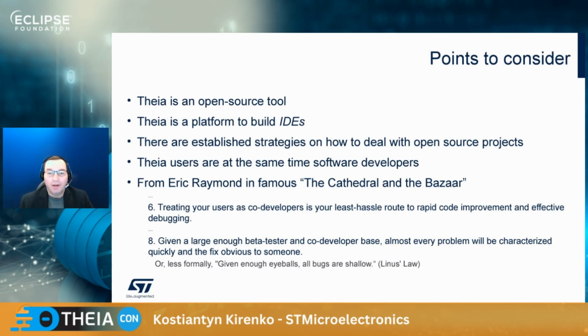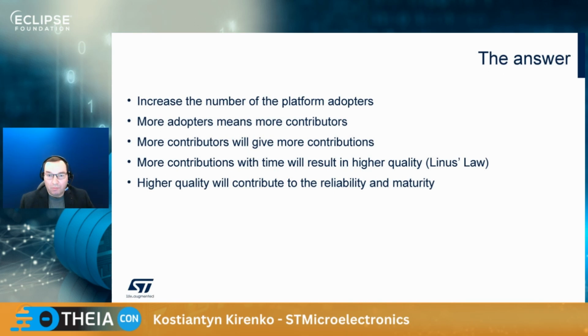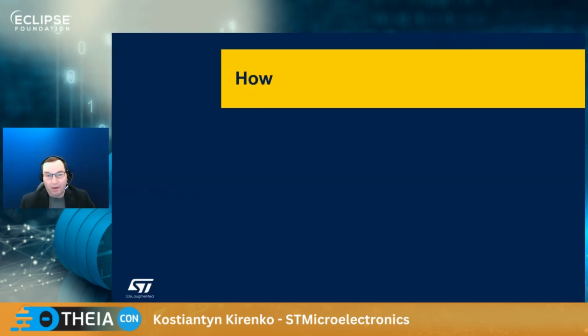This is the so-called Linus's law. So what we need to do is increase the number of platform adopters. Adopters will become contributors. Contributors will give more contributions, and more contributions will mean higher quality of the product according to Linus, and we know he is right. And higher quality will mean more reliability and maturity, which is what we need.